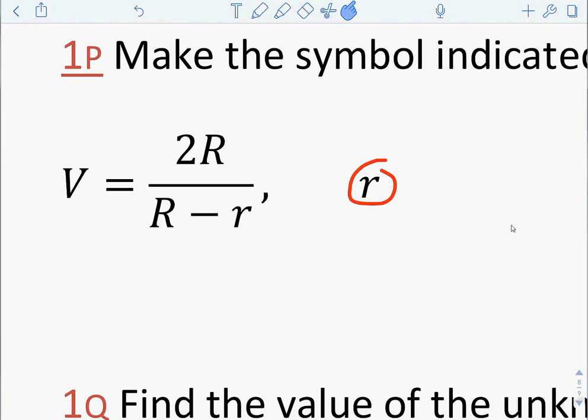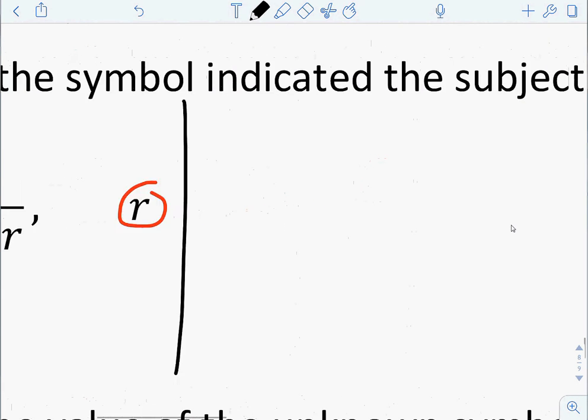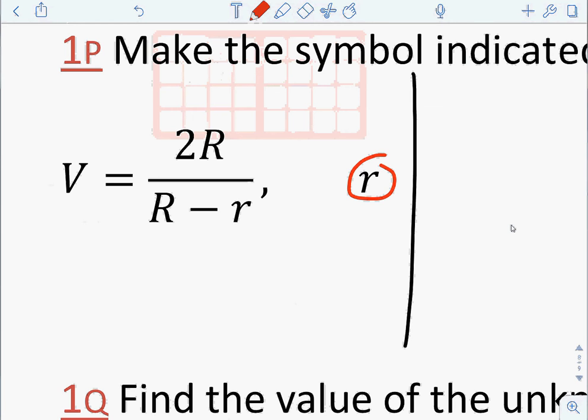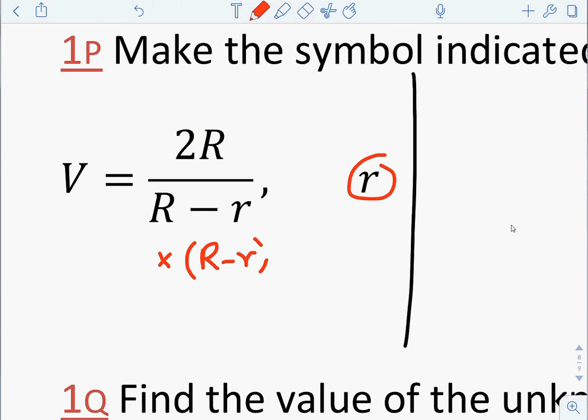So for instance, instead of capital R, I'll use S. That will work in your calculator, but otherwise it won't recognize the difference. Now, to solve this by hand, I'm actually just going to start it over here. My first step is going to be to multiply both sides by this entire denominator.